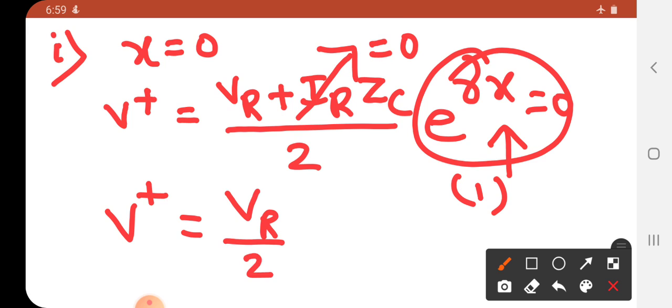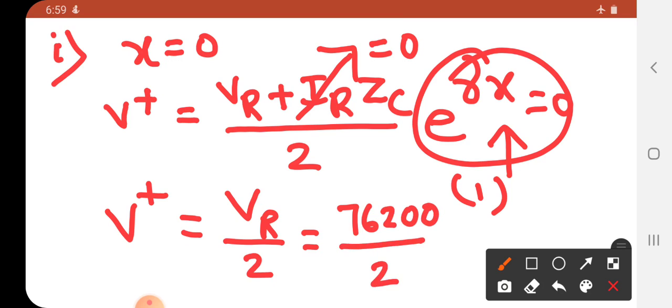VR is 76200, hence this will be 38100 volts.